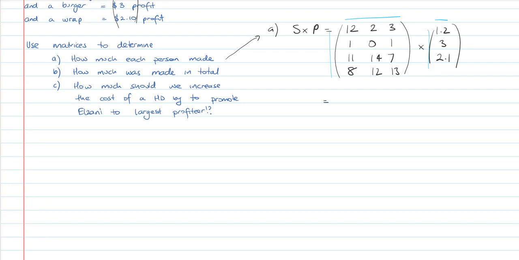First of all, keep in mind what this is telling us. 12 times 1.2, I'll just circle things, 12 times 1.2, 2 times 3, and 3 times 2.1. I'm not going to write down the interim working, but in an exam you should definitely consider doing that.